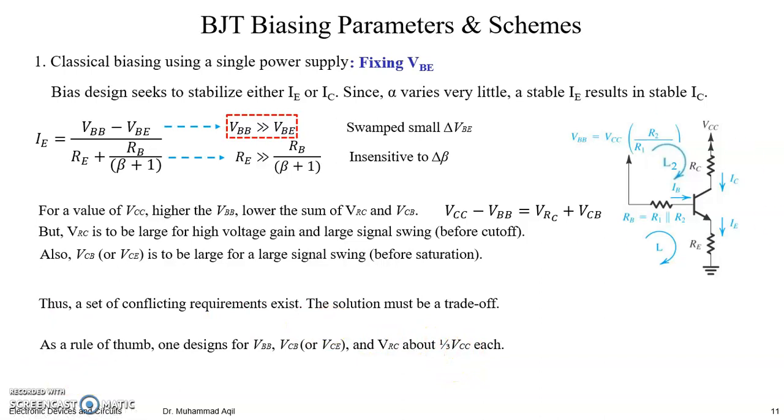So this is the rule of thumb. Now you can do your homework number 2 using this, where we need to design a common emitter amplifier with emitter resistance. You have to do that.